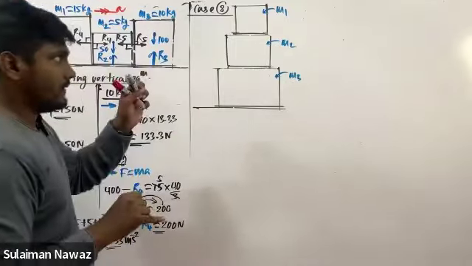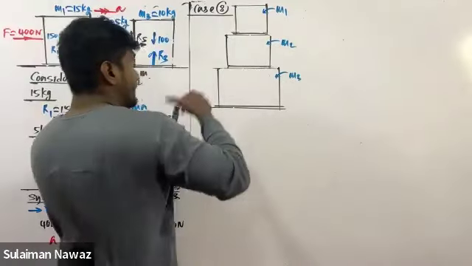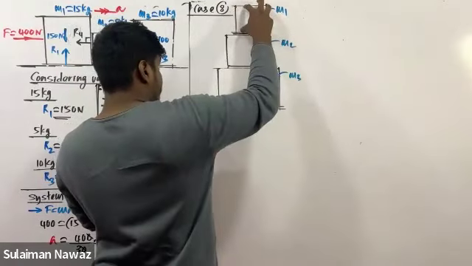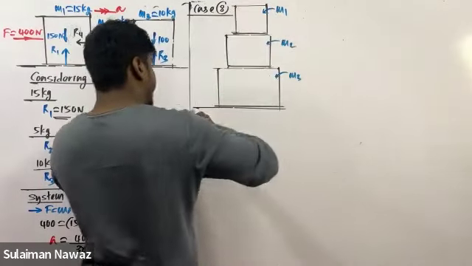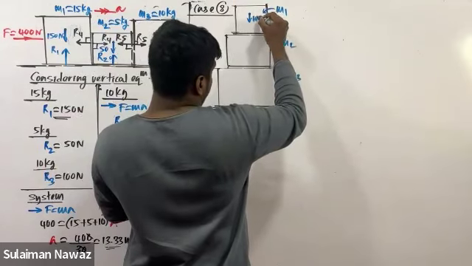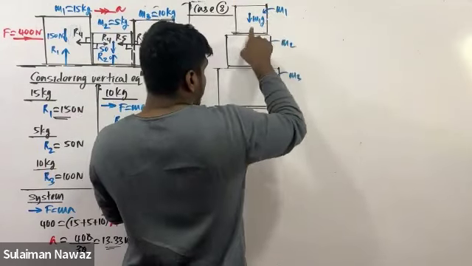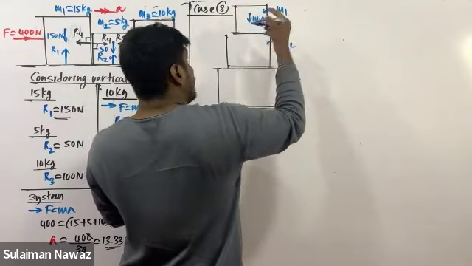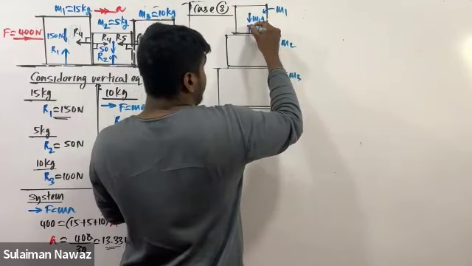Shall we mark the forces? Now I will start marking forces from M1 to M3. If I consider mass M1, weight force M1G downwards. M1 is in contact with M2, so normal reaction force on M1 upwards is R1.